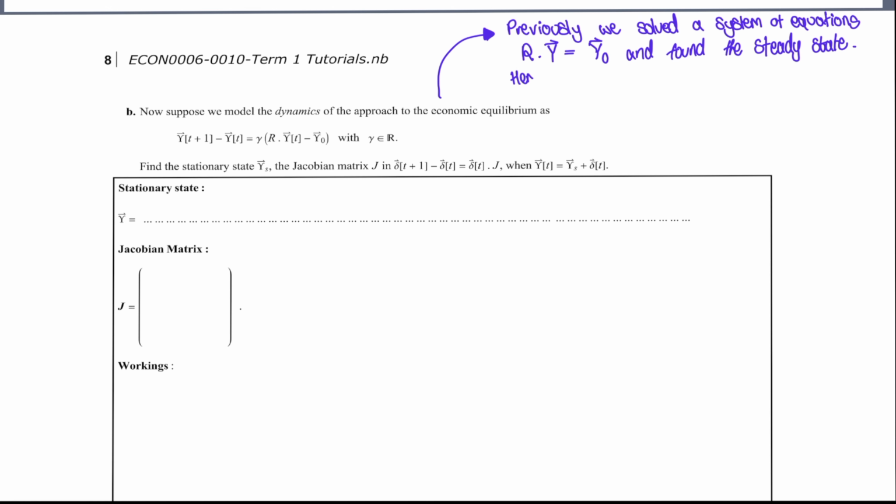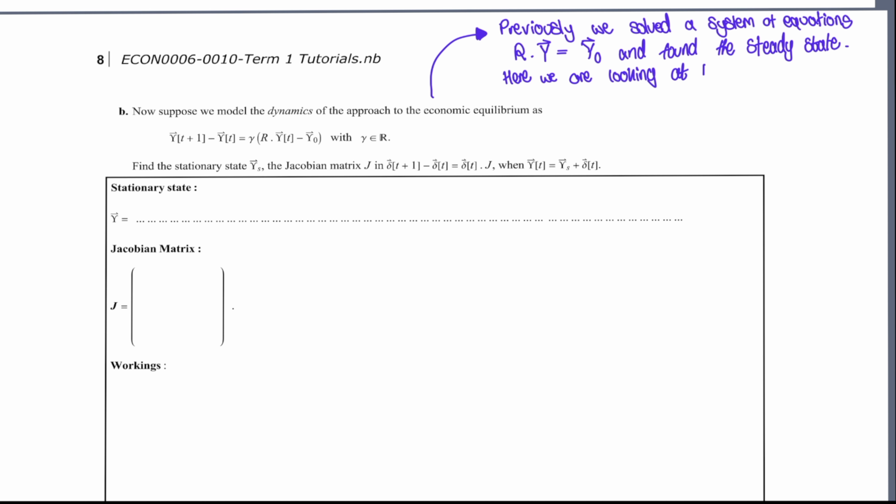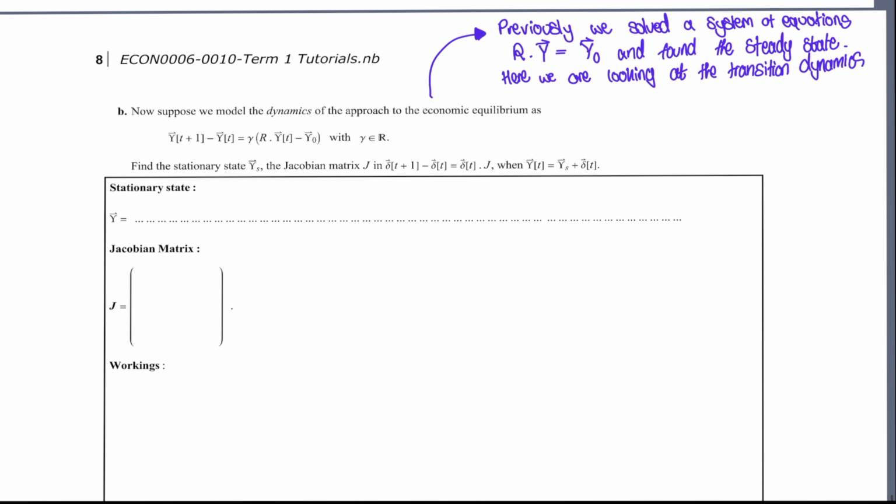Here, what we are doing is we are looking at the transition dynamics, which just means how fast or just how does the economy move towards a steady state.